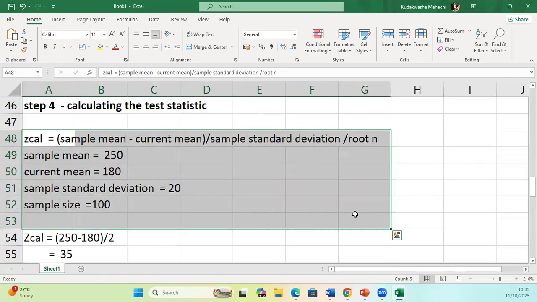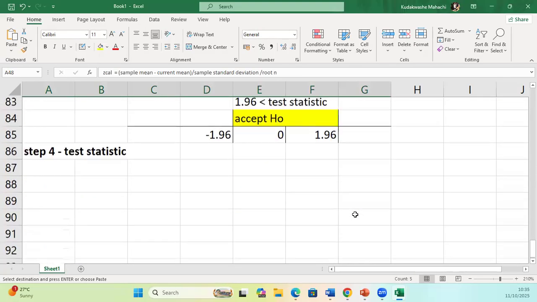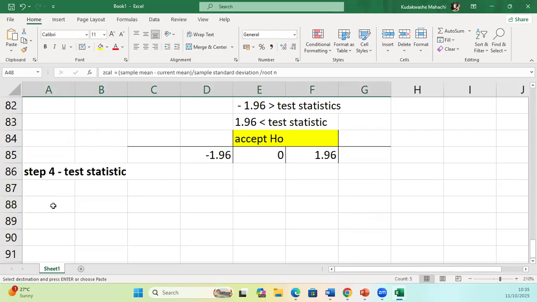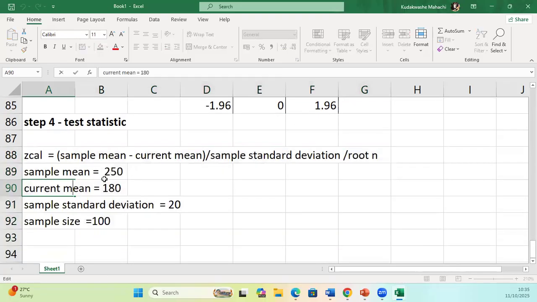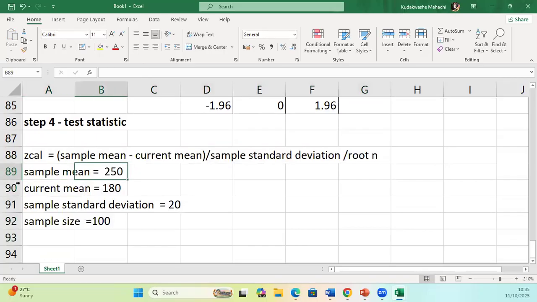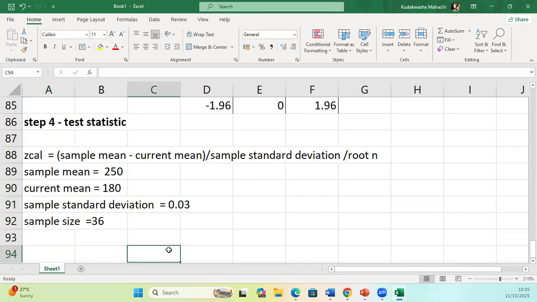Let's just change the variables, but the formula is the same. The sample size is now 36. The standard deviation was 3%, 0.03. That's 3% as a decimal.